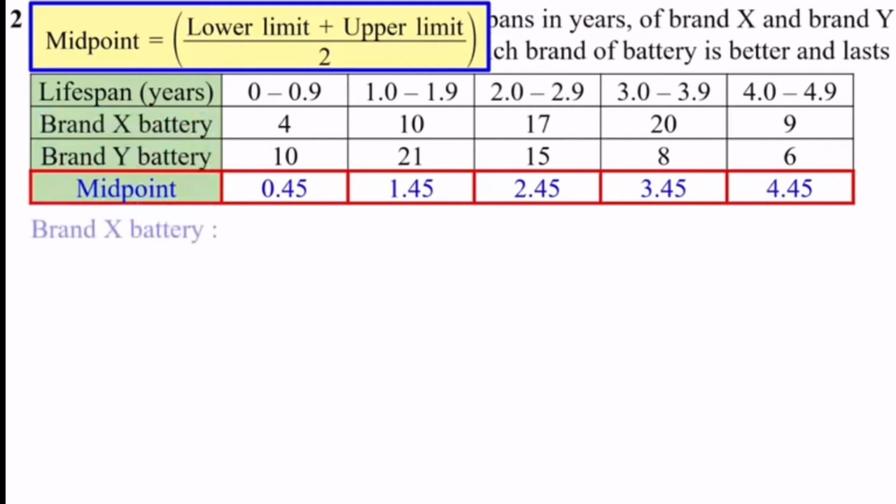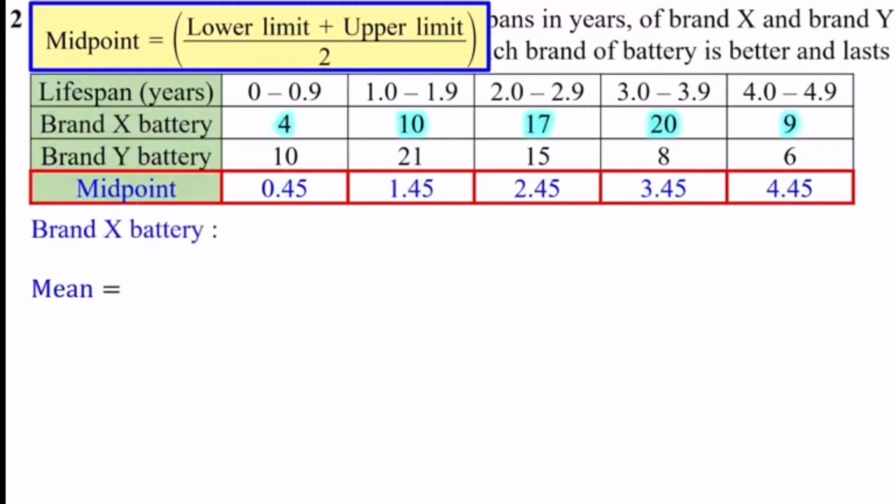So let's get started with the brand X battery. The formula for mean is we will take the frequency multiplied by midpoint. Let's highlight frequency with blue color highlighter.